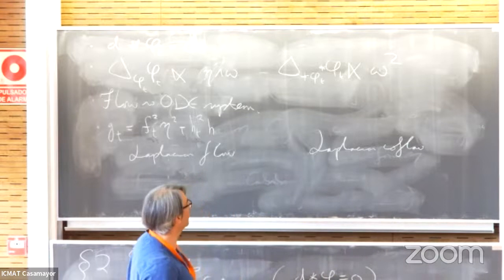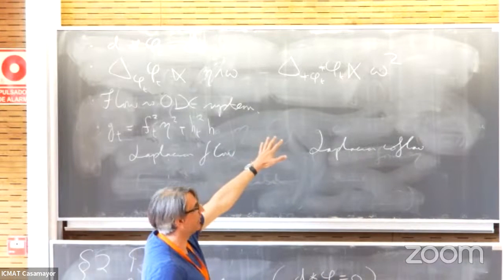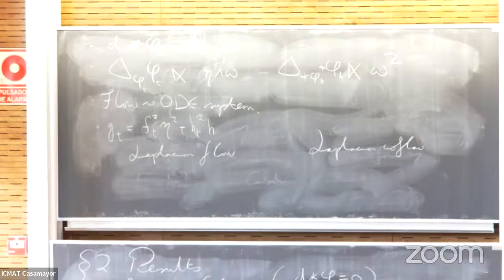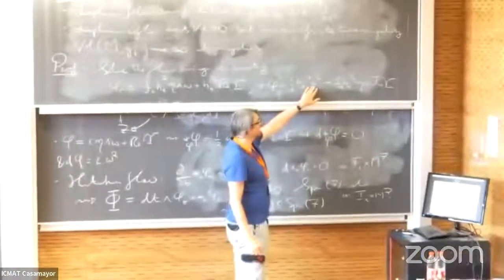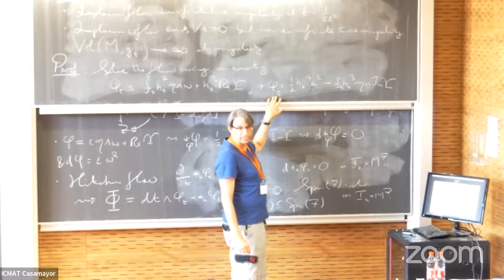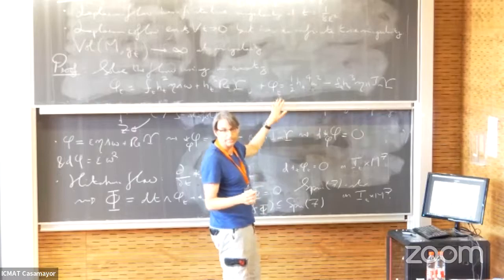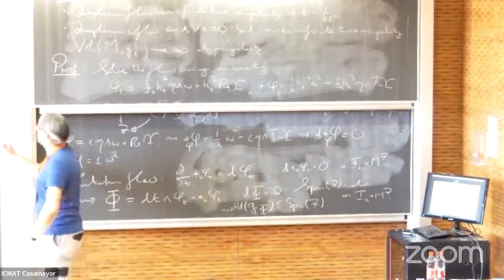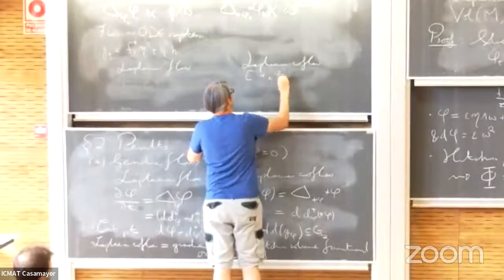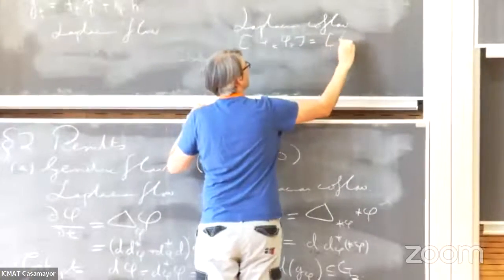Now, because the Laplacian of phi_t is proportional to omega squared, and I said that omega squared was exact, that means the cohomology class of this doesn't change along the flow, which we knew, right? We knew that's true. So we see that star_t phi_t is the same as star_0 phi_0.